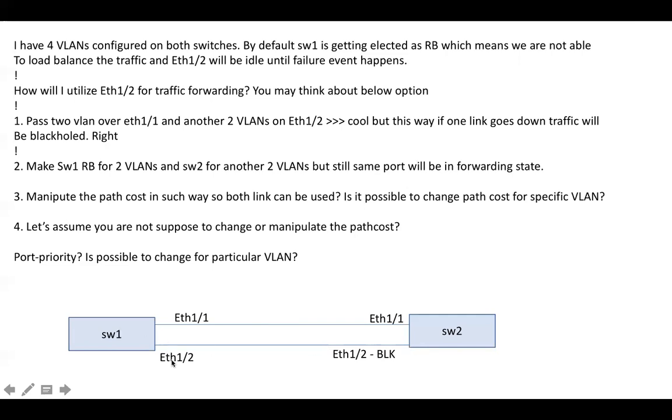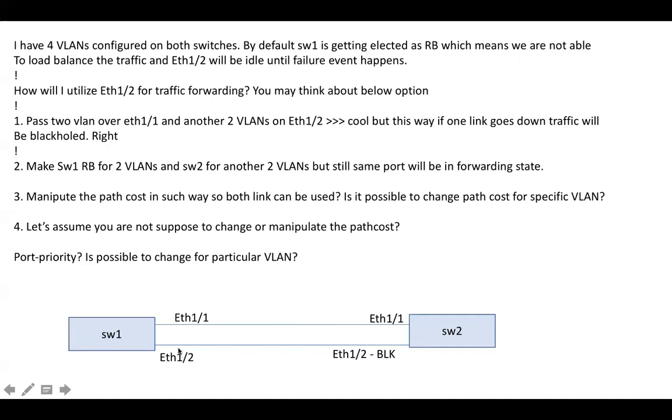No changes, so we are still not able to achieve load balancing. Now you can manipulate the path cost, like for VLANs 10 and 20 increase the path cost, or vice versa.